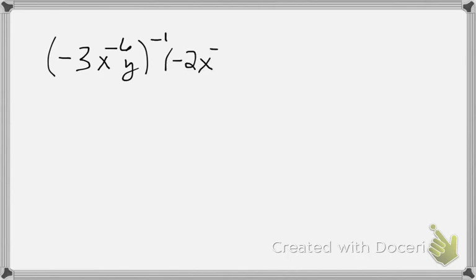All right, so let's say that I give you something like negative 3x to the negative 6, y, all in parentheses, to the negative 1, and then negative 2x to the negative 3, y to the 4th, all to the 2.